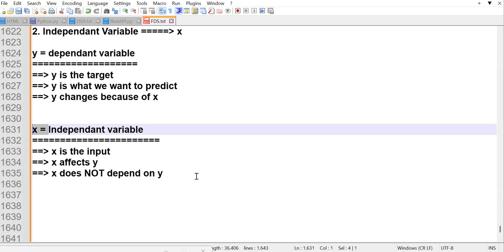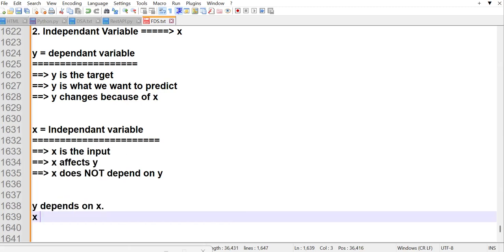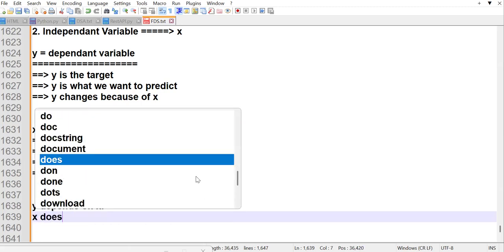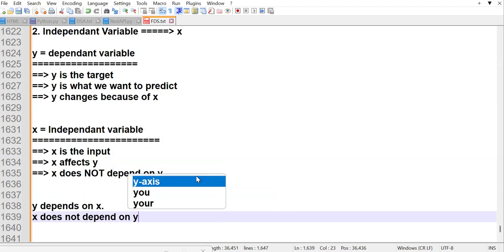Okay, in simple way, what we can say? In simple way, we can say Y depends on X, X does not depend on Y, right?